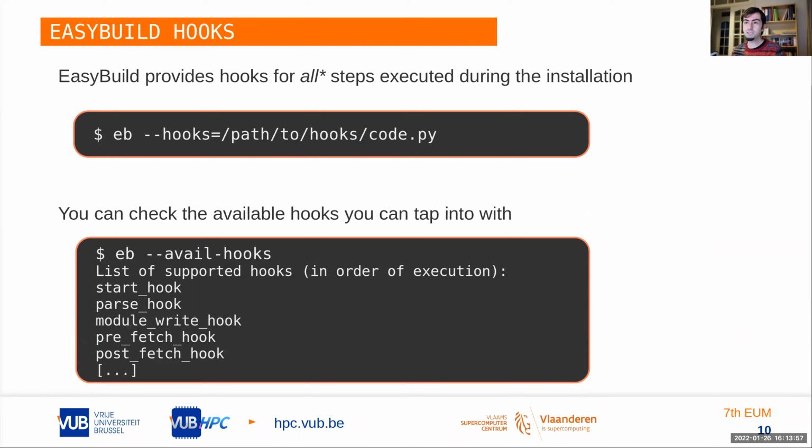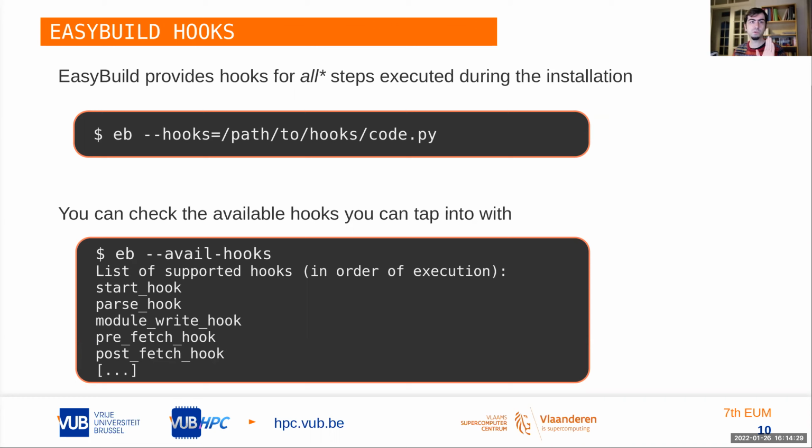Hooks are methods that just serve to inject code at different stages of the installation process. So you can use hooks with the --hooks option with the eb command, and then point it to some file with the code of your hooks. And then you can also check what hooks are available in your EasyBuild installation with the eb --avail-hooks option.